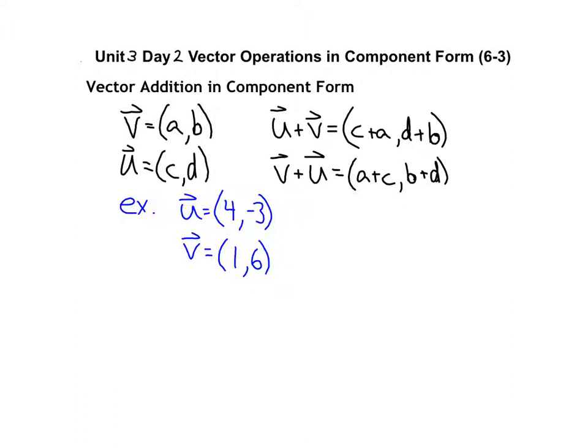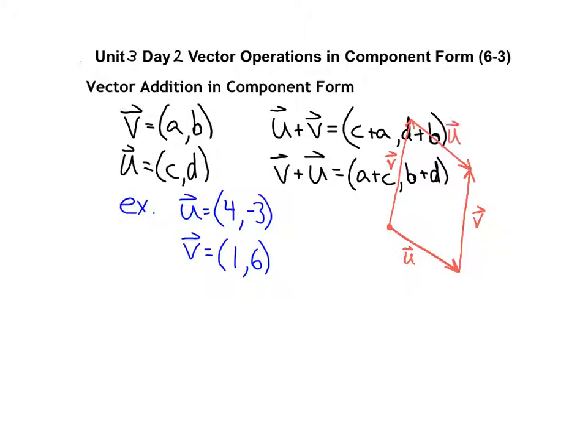All right? And actually, if we think back to what we did yesterday, if I have this vector 4, negative 3, that's going to be something like this, right? 4, negative 3, that's u. And if I had v, which is 1, 6, that's going to be something like this. Well, if I did v first, and I started at the same point, and then I did u, guess what?